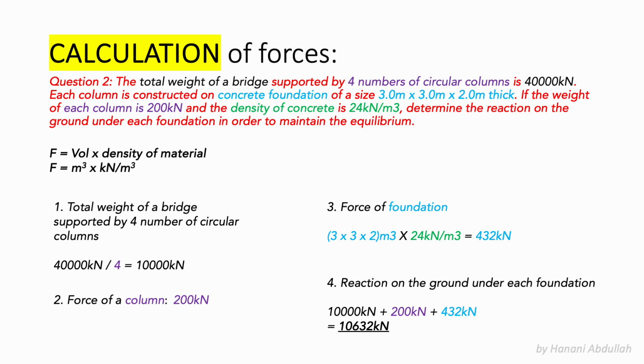The last step gonna be the total reaction on the grounds. So we have to add up all the forces. 10,000 kilonewton, bridge; 200 kilonewton, column; 432 kilonewtons, foundations. Total up, we will get 10,632 kilonewton.